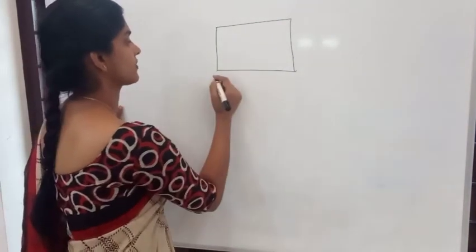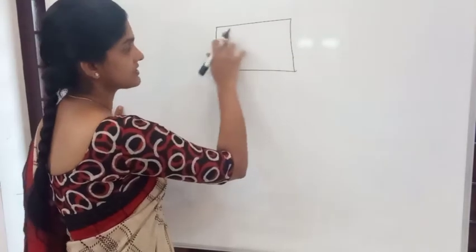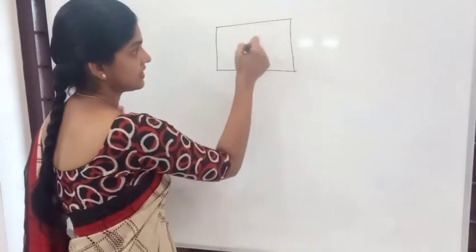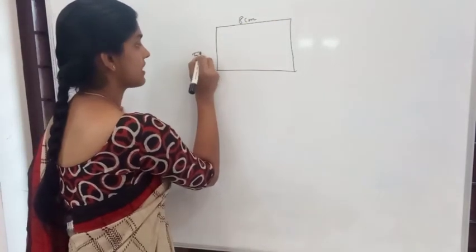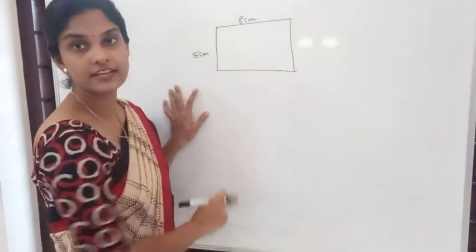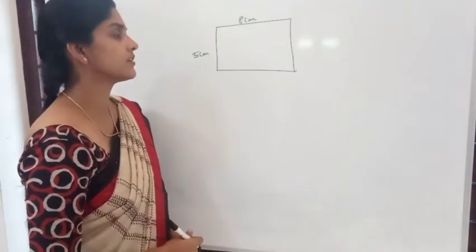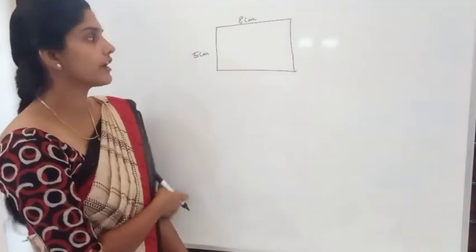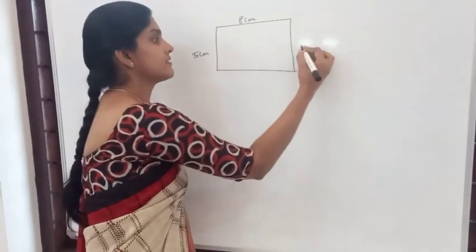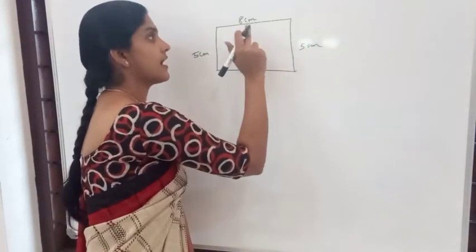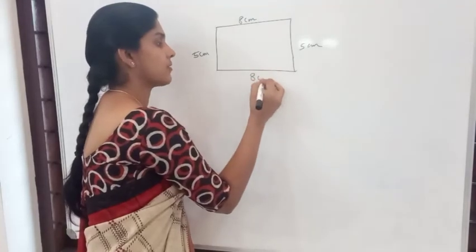So, suppose that the length of this rectangle is 8 centimeter and the breadth is 5 centimeter. If this is 5, this is also 5 centimeter. If this is 8 centimeter, then this will also be 8 centimeter, right?